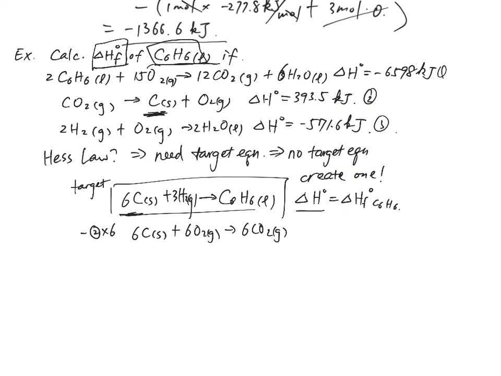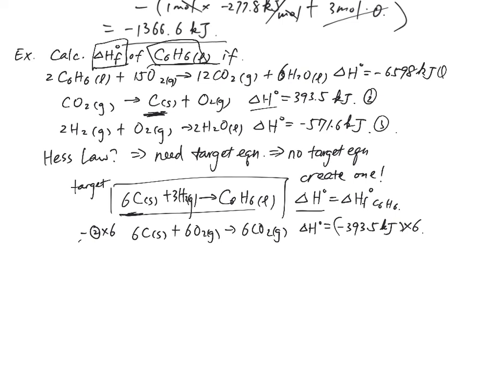And my delta H is now negative 393.5 kilojoules times 6, so negative times reverse equation times 6. All right, so that took care of carbon.